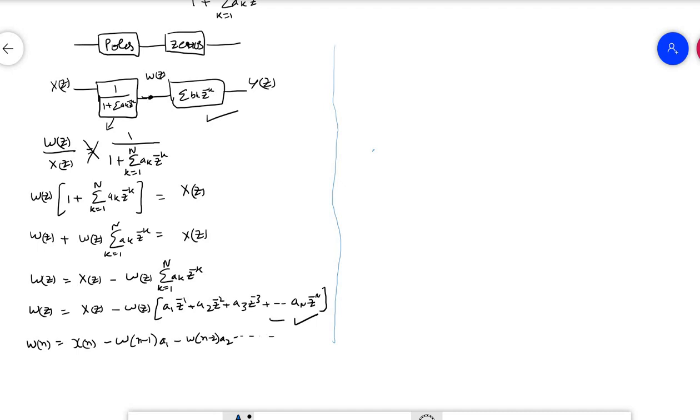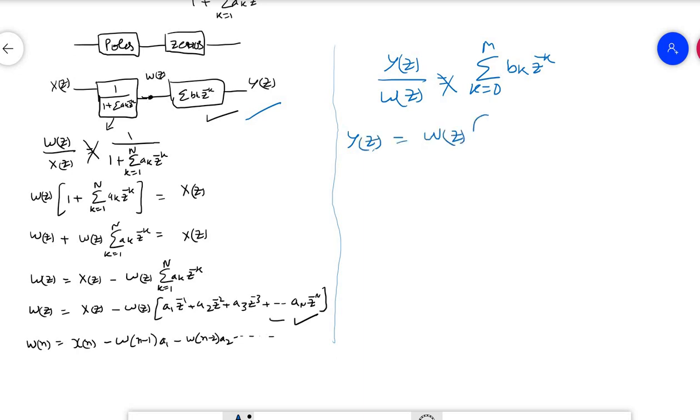Now next, this output divided by input, Y(z) over X(z), is the sum from 0 to m of bk z^-k. So cross multiply, this Y(z) is equal to W(z) times the summation. Now solve one by one.